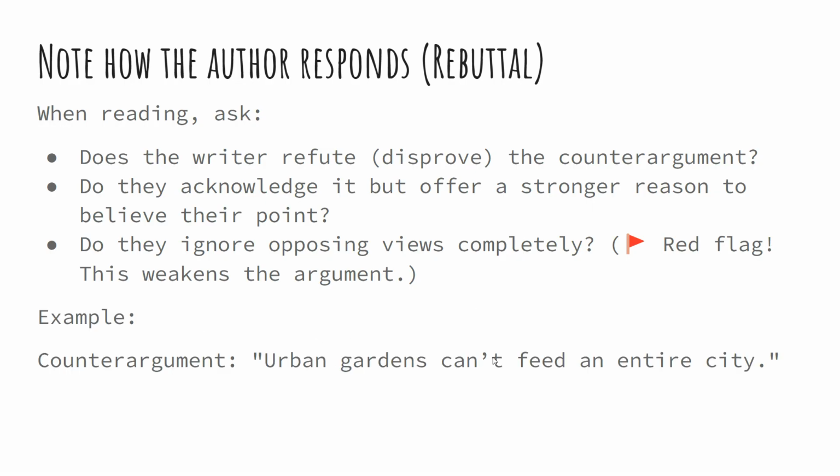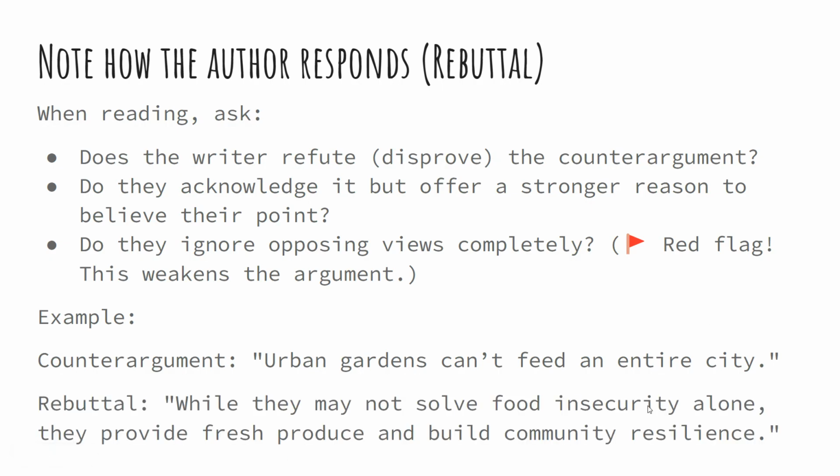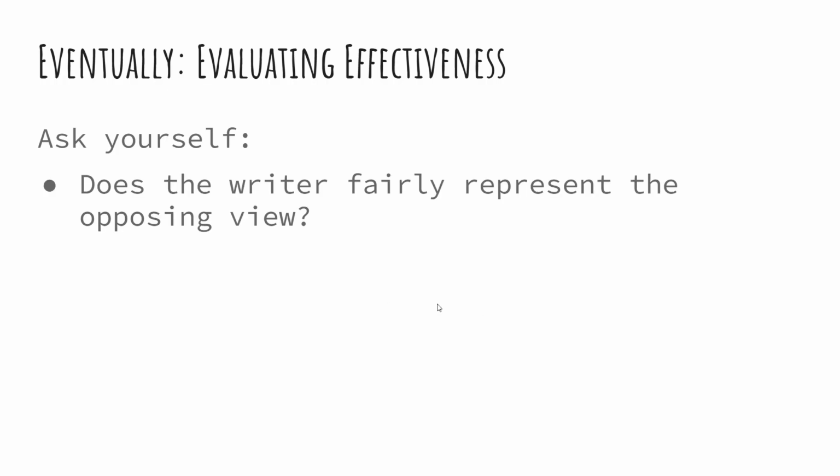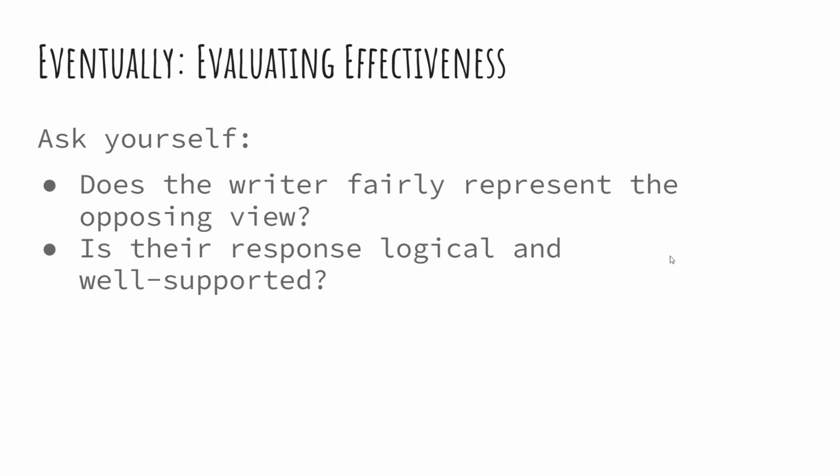All right, so we just saw this. Urban gardens can't feed an entire city. While they may not solve food insecurity alone, they provide fresh produce and build community resilience, okay? So other people who disagree with me will say this, and here's my answer to them. Okay. Now, eventually, you're going to be evaluating effectiveness of the counter arguments, and this is more of a Unit 4 thing, but we want to ask ourselves, does a writer fairly represent the opposing view?